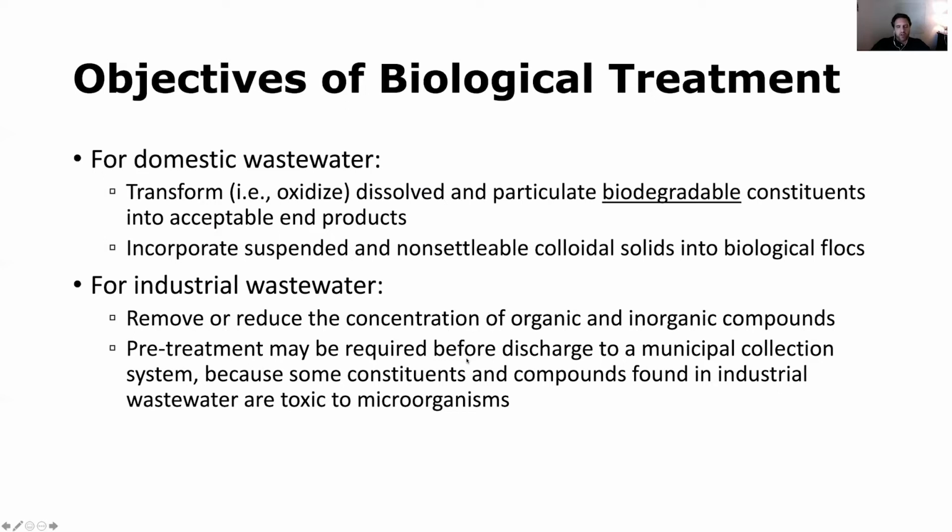So this is usually part of the National Pollutant Discharge Elimination System, the NPDES permit system. Requirements is that municipal wastewater collection and treatment authorities may require industrial wastewater dischargers to apply pre-treatment before they discharge their wastewater into the municipal collection system.